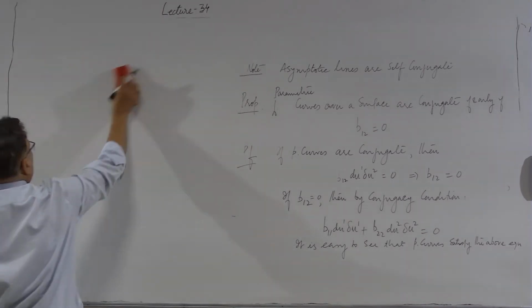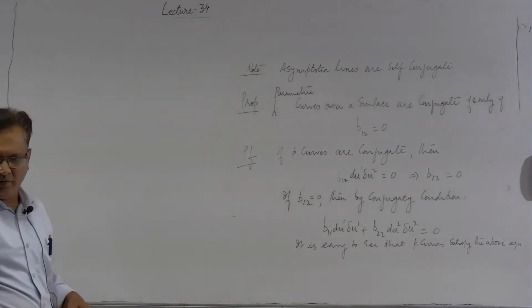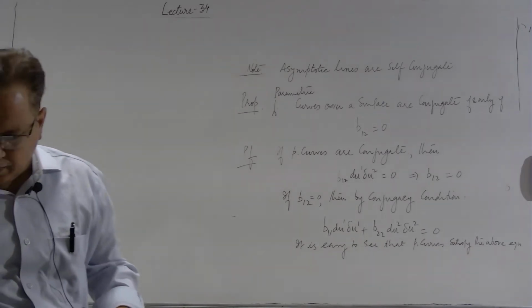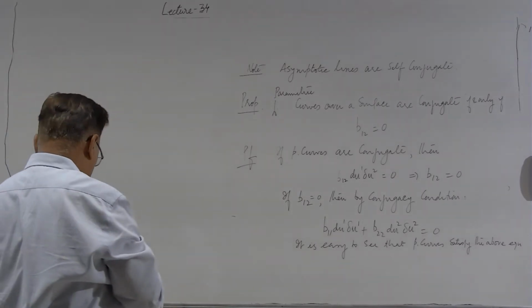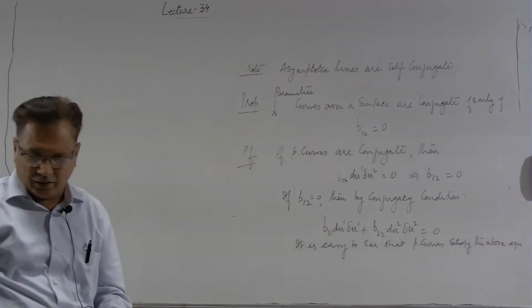Okay. Now, what we will be doing today, we will look at some of the problems. For example, some of the surfaces are written in explicit form and implicit form.